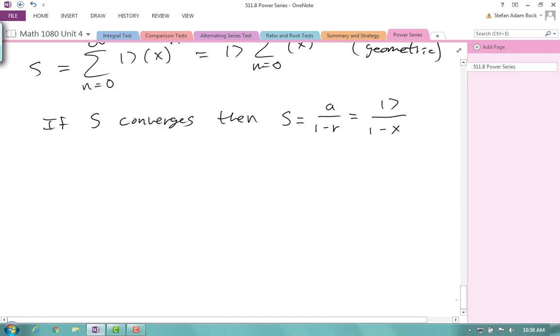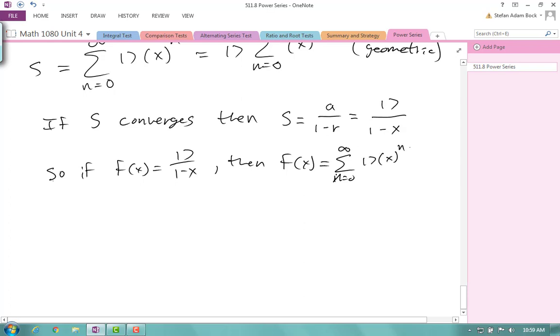So this is a function. So if f of x is equal to 17 over 1 minus x, then f of x is equal to the series n equals 0 to infinity of 17 x to the n, but only when the series converges.